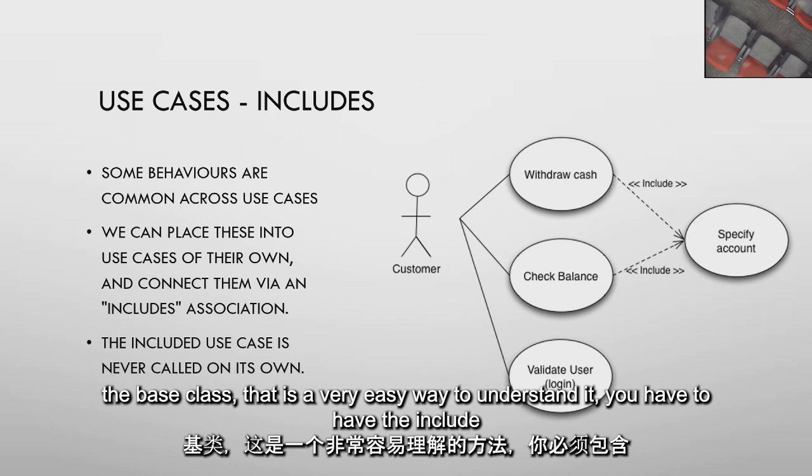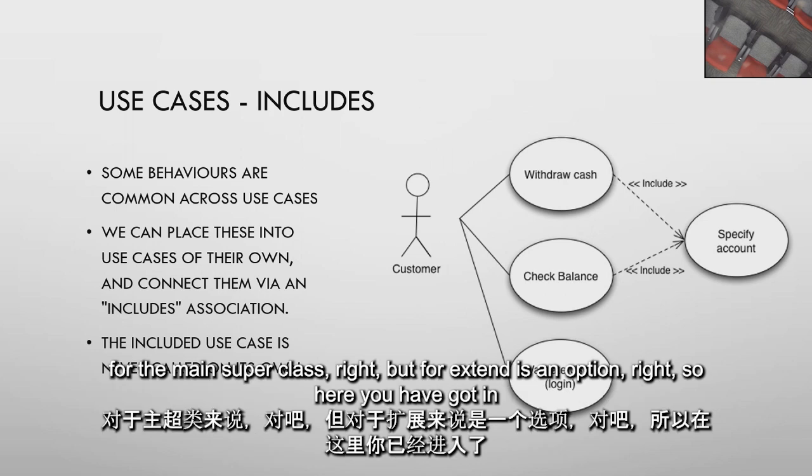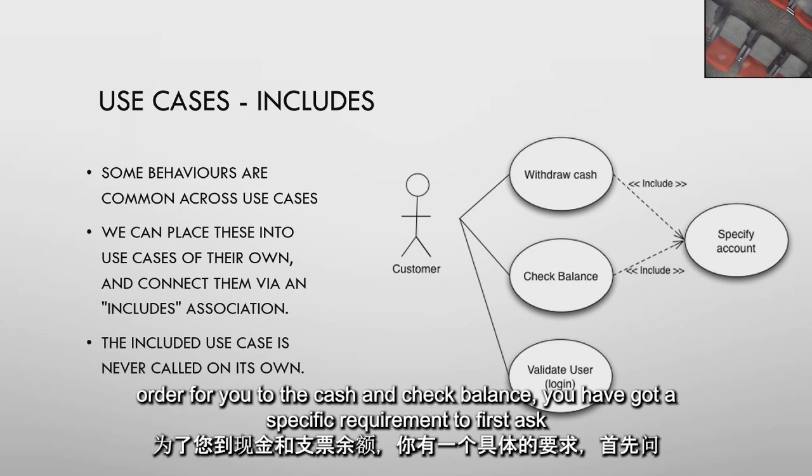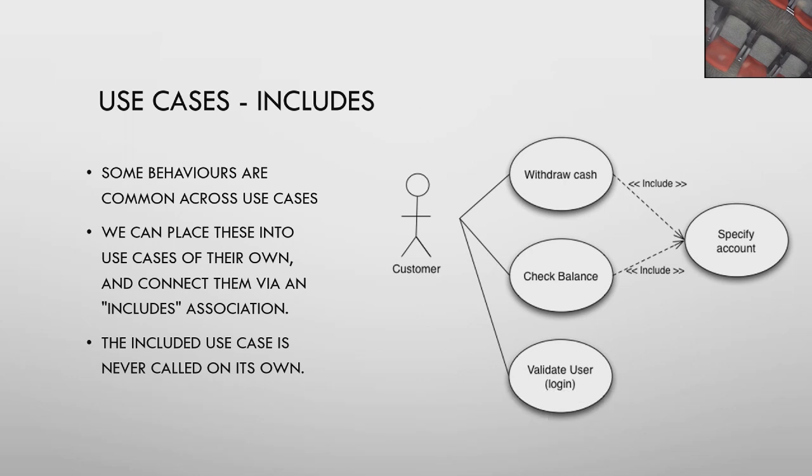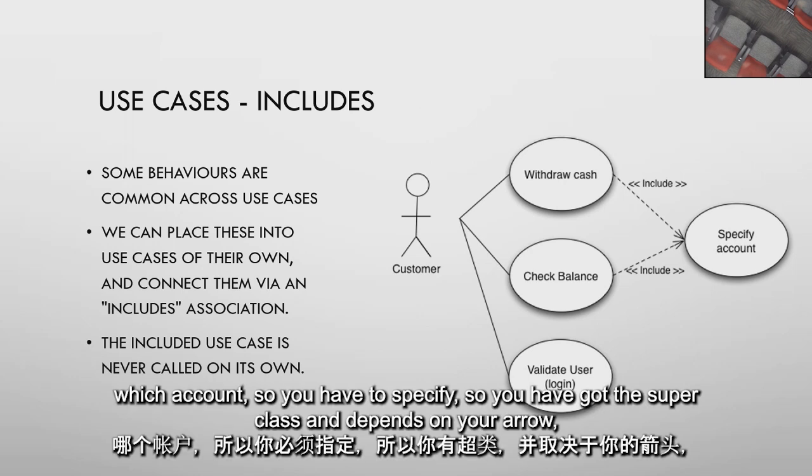You have to have the include for the main superclass, right? But extend is an option, right? So here, in order for you to draw cash and check balance, you have a specific requirement to first ask which account. So you have to specify.